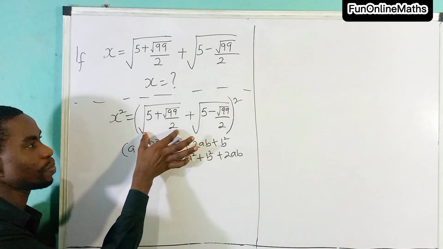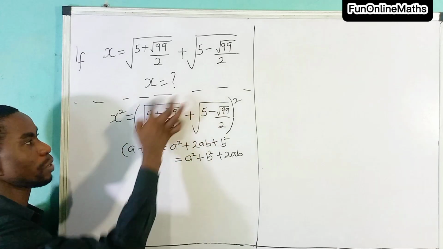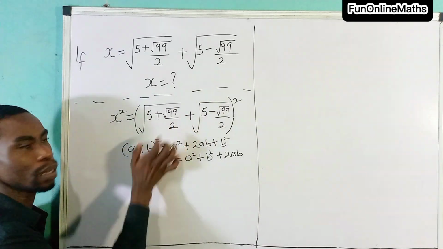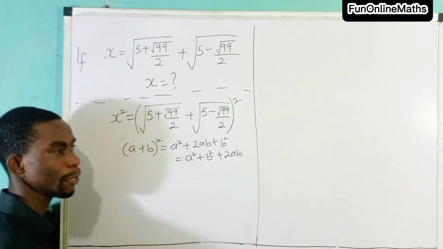However, in this case, everything within this square root is my a, and this is my b.